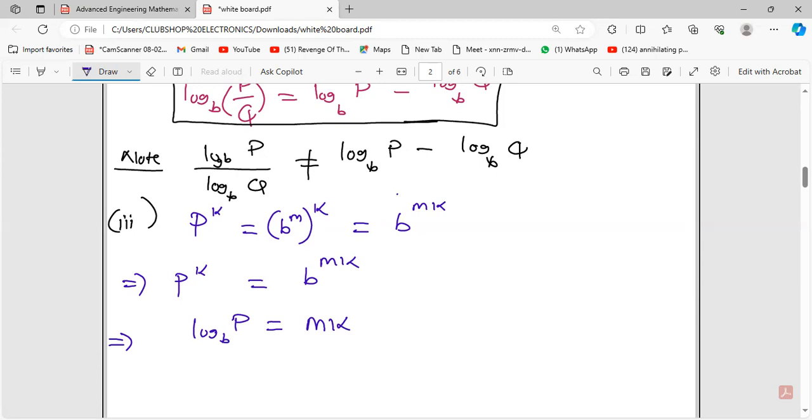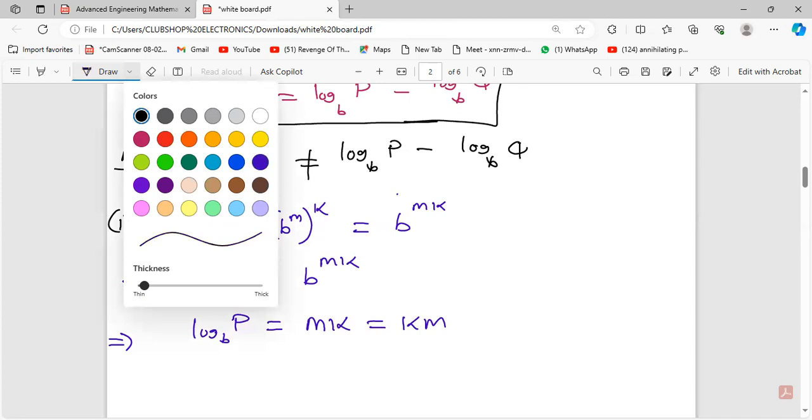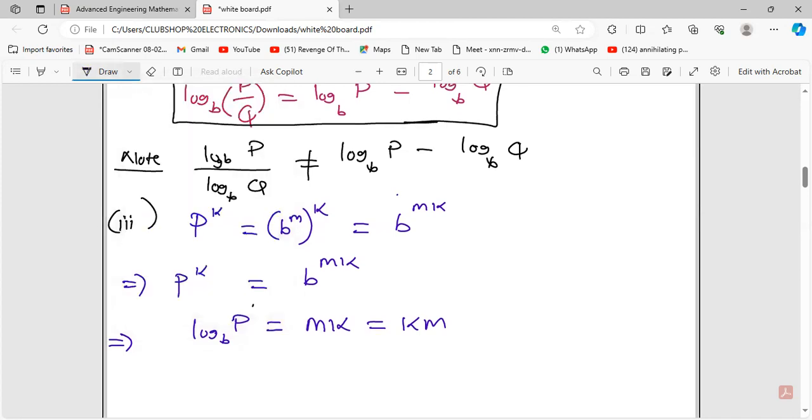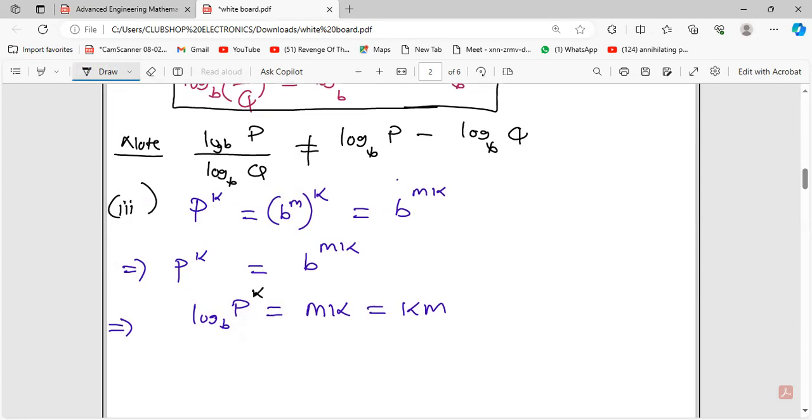That's what we are supposed to have. mk, which is the same as what? km. And this can be written as, this is supposed to be our k.